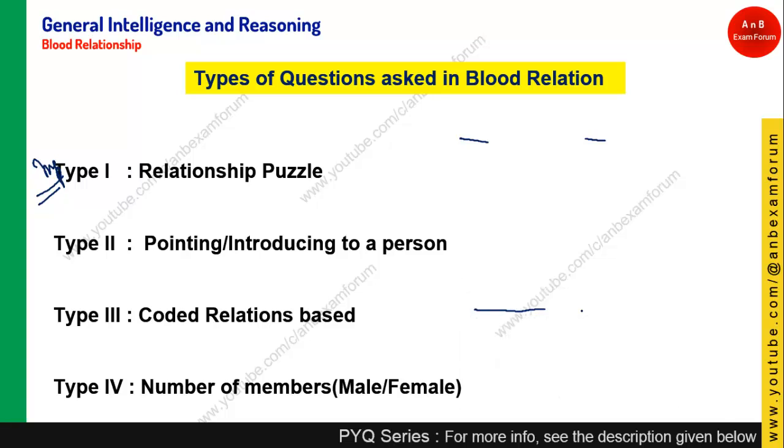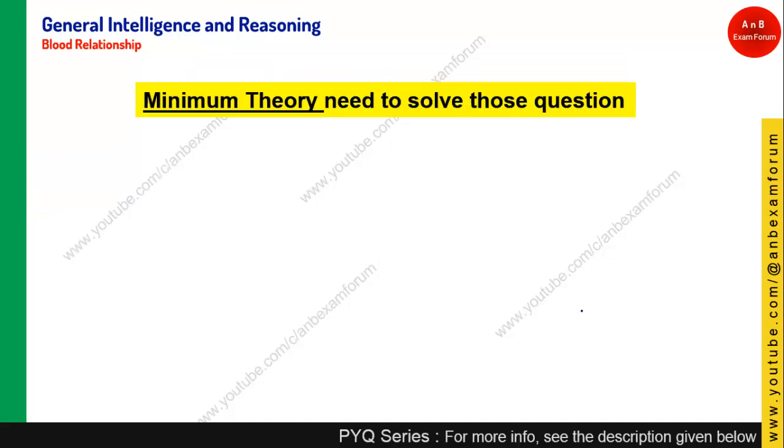So the first objective of today's class, we have seen the types of questions asked in blood relation. The next objective is the minimum theory needed to solve those questions. What is the minimum theory needed to solve all those four types? The answer is, first, blood relation names. Unless you know the names, you cannot solve these questions.